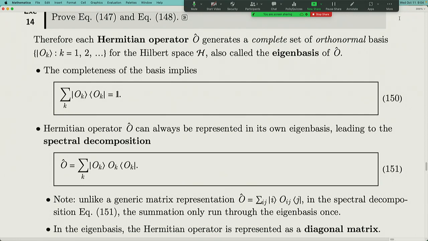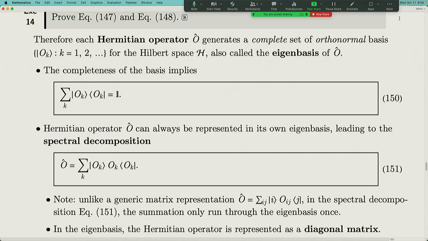The meaning of this operator is that it goes and searches for this OK eigenstate, and if it matches the OK eigenvector, it returns the eigenvector itself. That's why summing over all these basis operators gives an identity operator, because it basically means you search for every eigenstate and keep it the same.